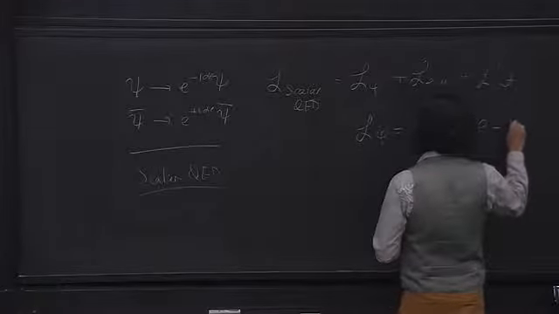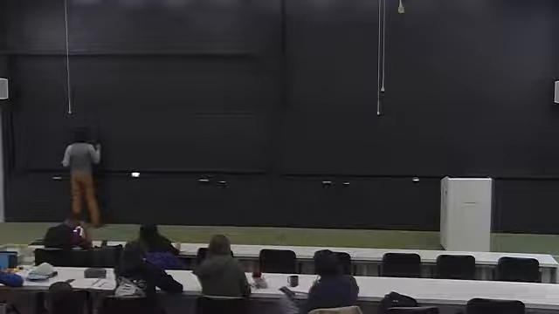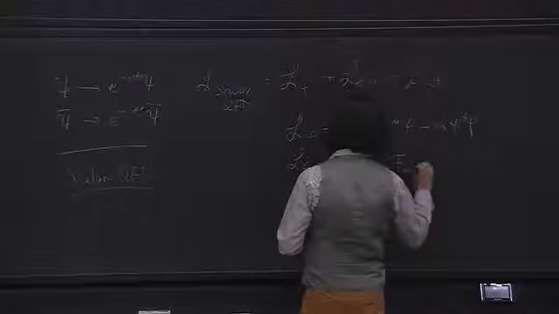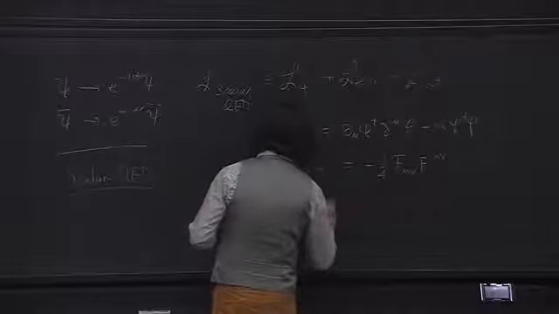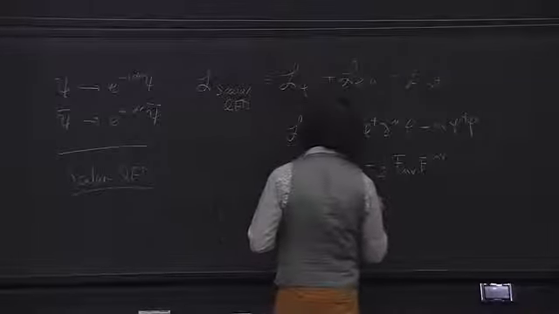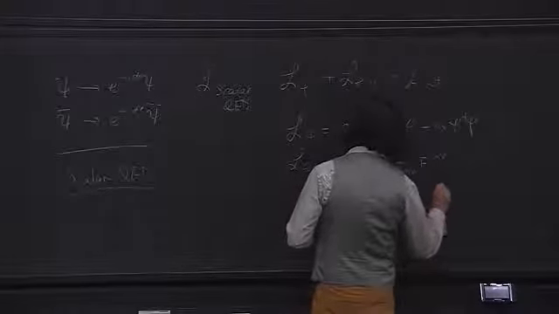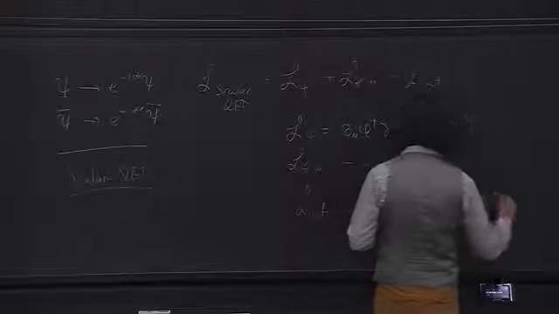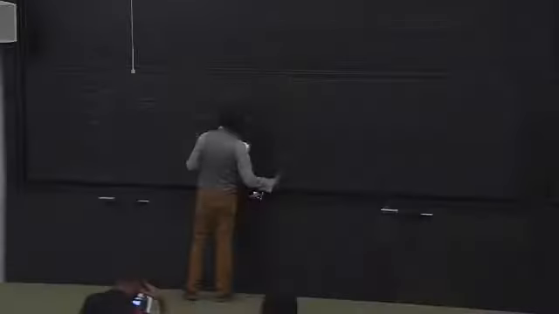So this is our usual complex scalar Lagrangian. And we have our electromagnetic field. And the interaction Lagrangian, in this case, is the usual conserved Klein-Gordon current, which is famously not positive and therefore didn't work as a quantum mechanical probability current.